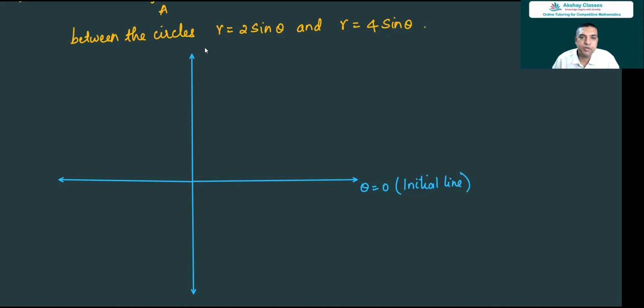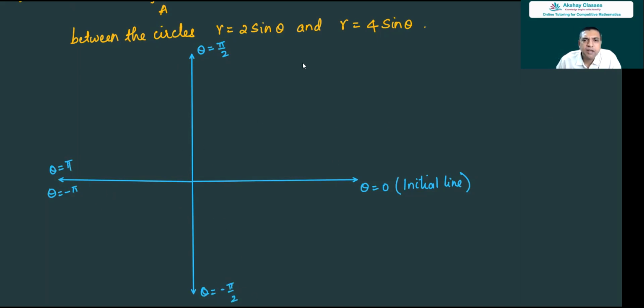This is the pole. This is the perpendicular line, theta equal to 90 degrees or pi by 2. This is theta equal to pi, and the same line is theta equal to minus pi. This is theta equal to minus pi by 2.